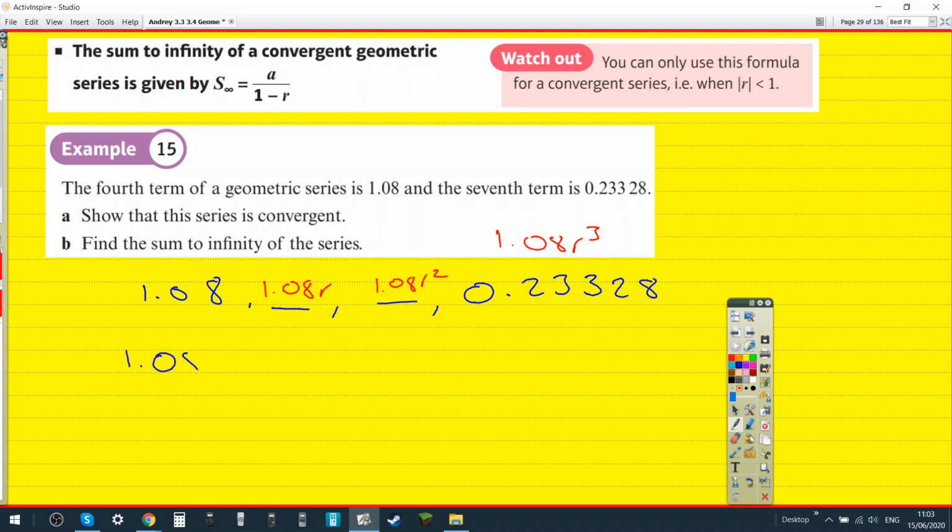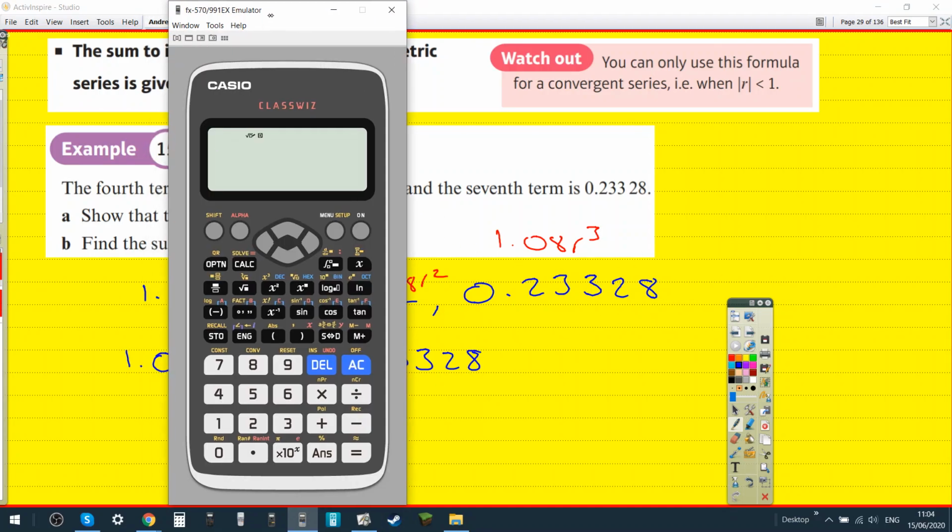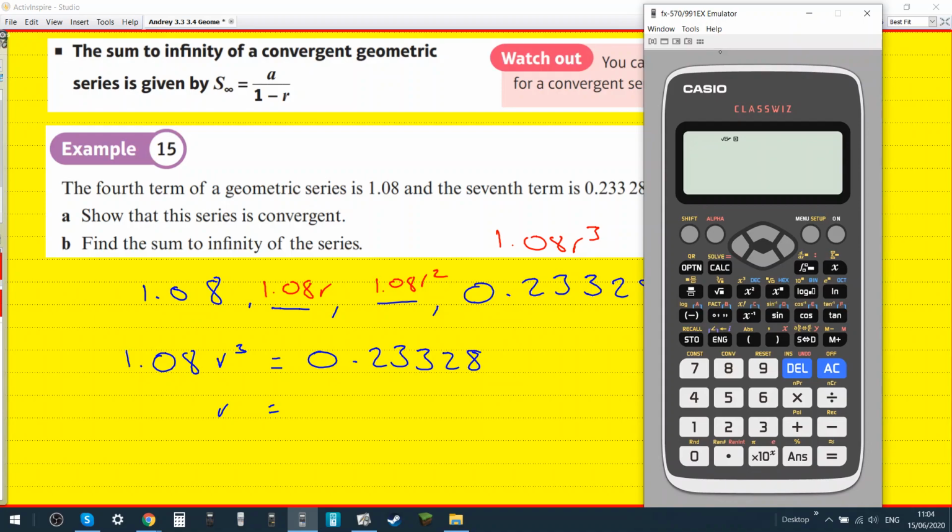So 1.08 r cubed is equal to 0.23328. I can just put that into my calculator. Yep. 0.6. Okay.